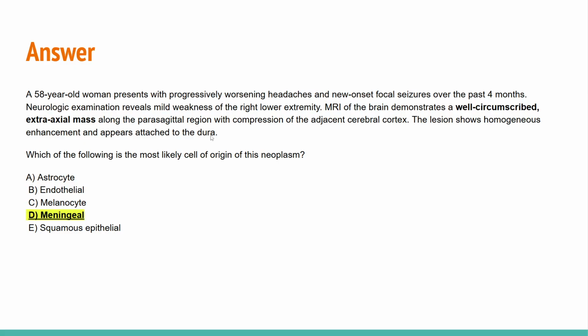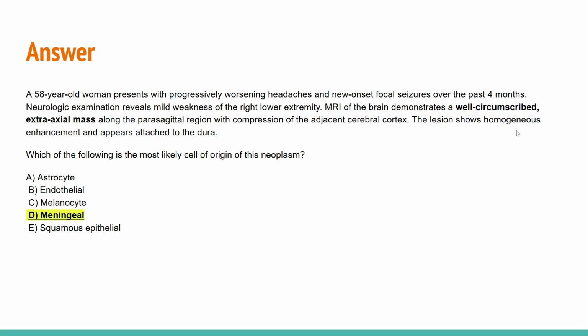Okay, so from here, what really helps is probably the MRI. It says MRI of the brain demonstrates a well-circumscribed extra-axial mass, so you can already tell that it's referring to meningioma, right? And it's attached to the dura.